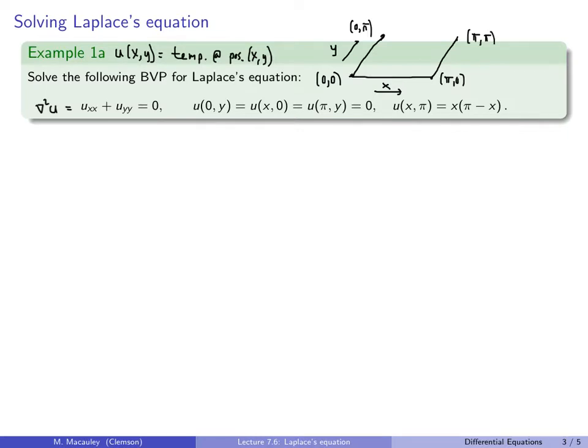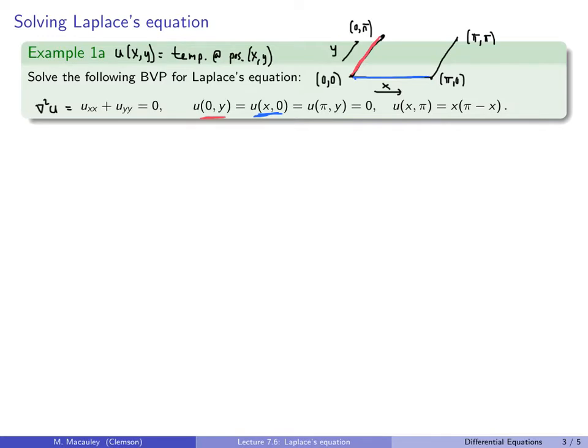Okay, so this first boundary condition, u of 0, y equals 0, says that the temperature is 0 whenever x is 0. So x being 0 is this back boundary, and the temperature along this boundary is 0. Next, this second condition says that the temperature is 0 whenever y is 0, so that's this boundary here.